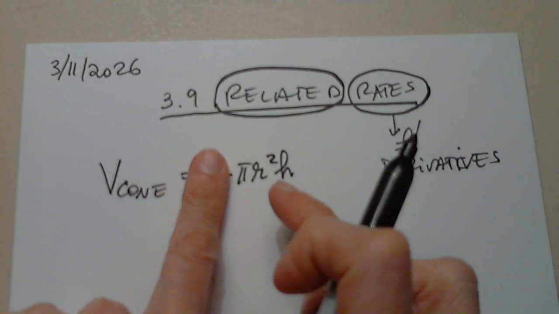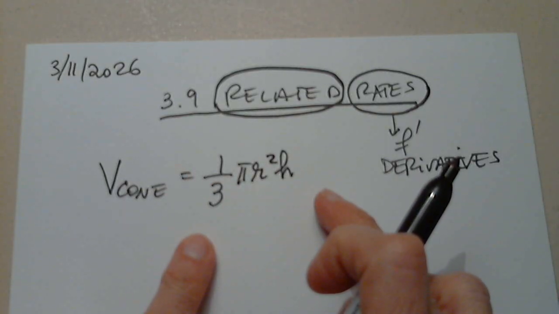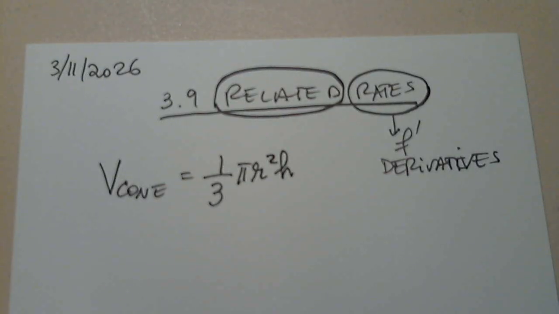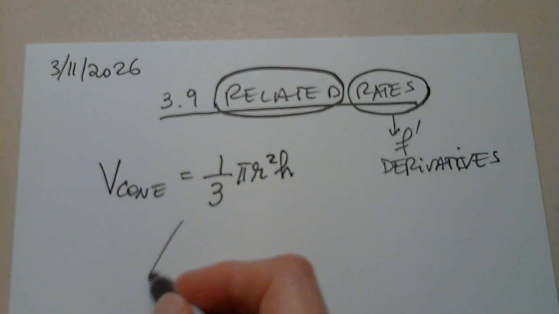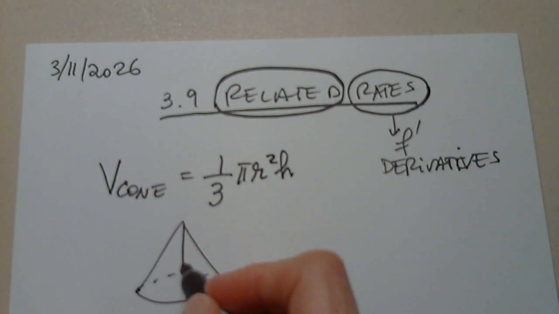So it's the volume of a cylinder with 1/3 in front. Area of the base times the height with 1/3 in front. Fine. So here's a cone.